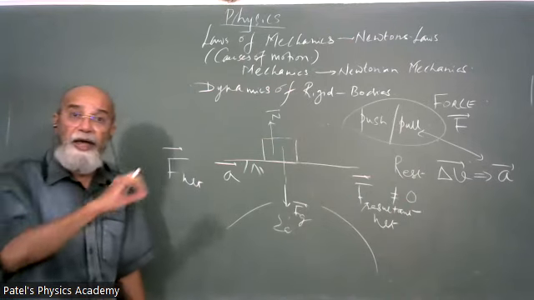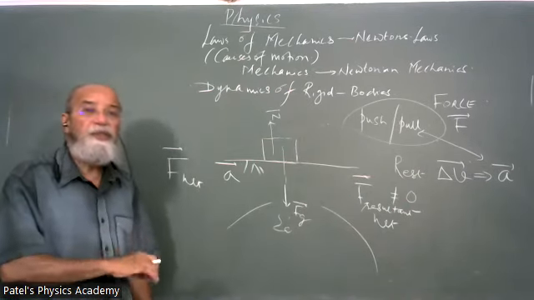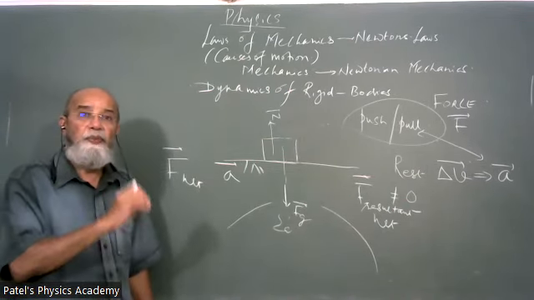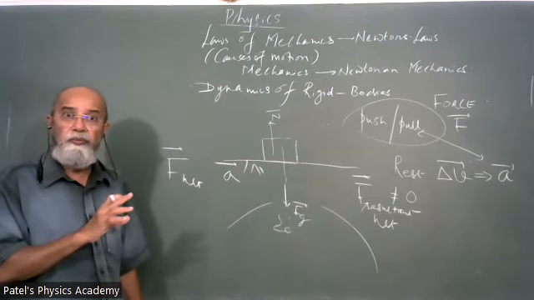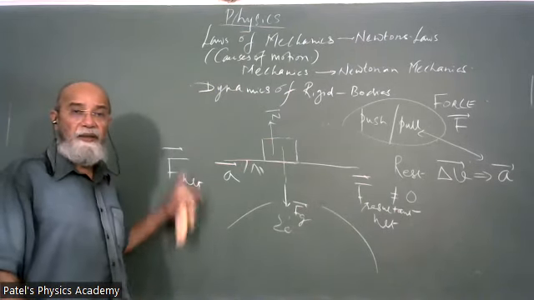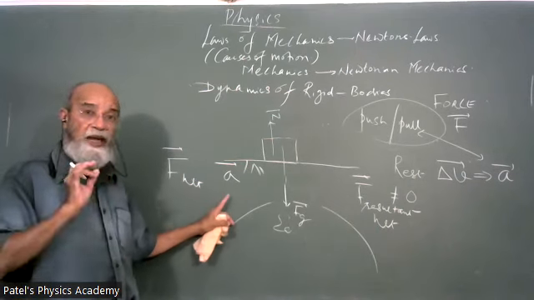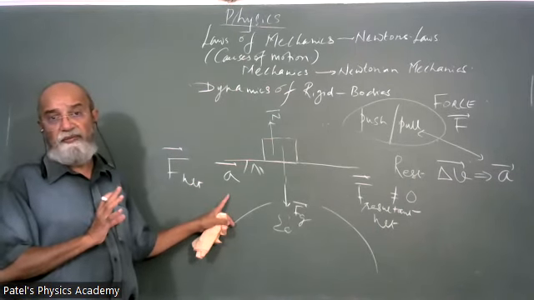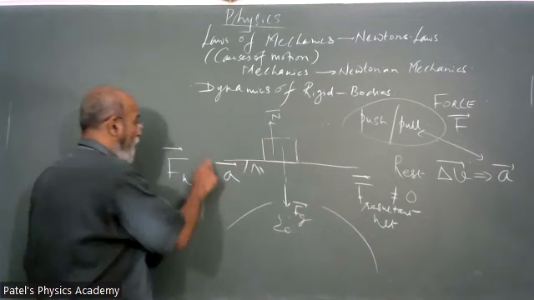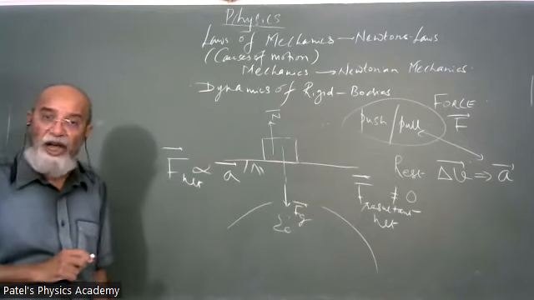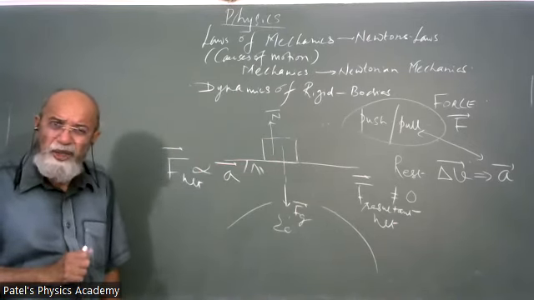Only if the addition of all the forces comes out to be not 0, then we say that this net force is connected to the acceleration. And he found that there was a direct proportionality. What do you mean by that?